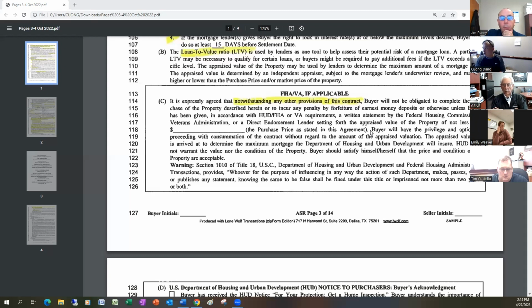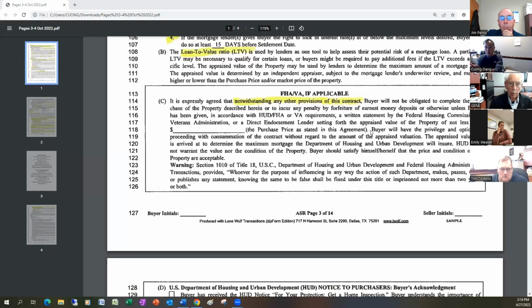Buyer will have the privilege and option of proceeding with consummation of the contract without regard to the amount of the appraisal valuation. I'm going to stop right there because the rest is just more language.